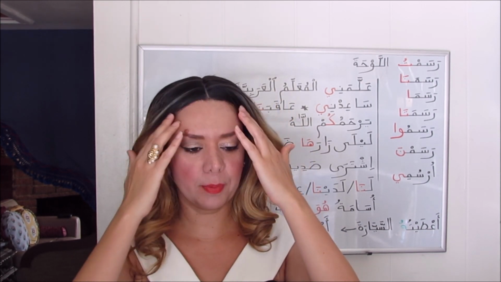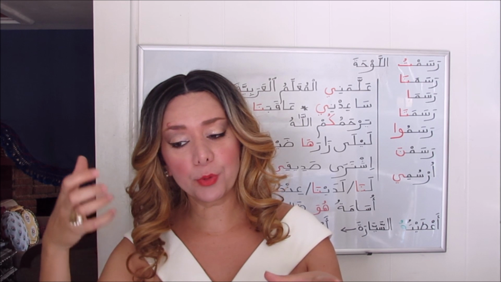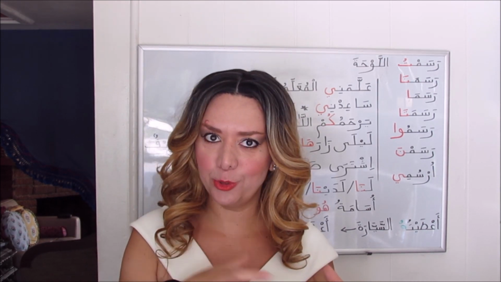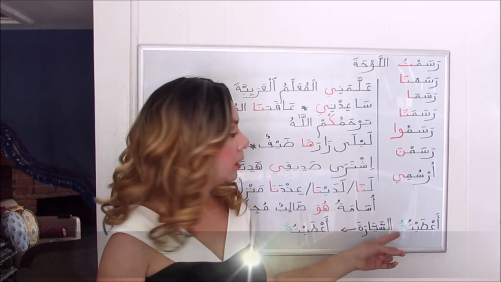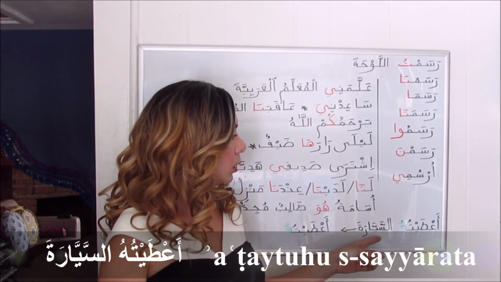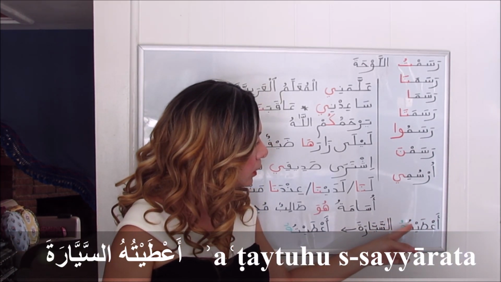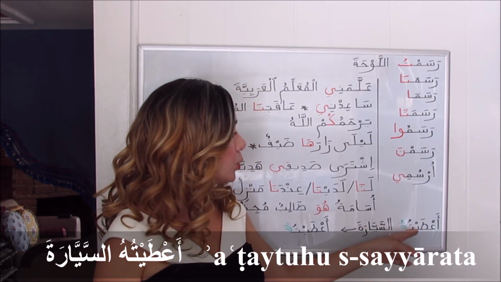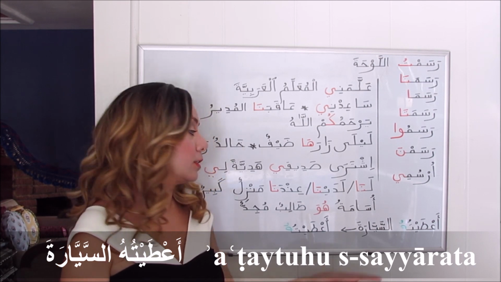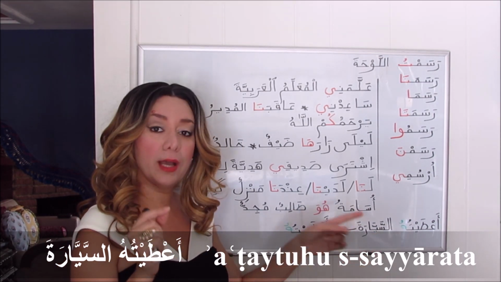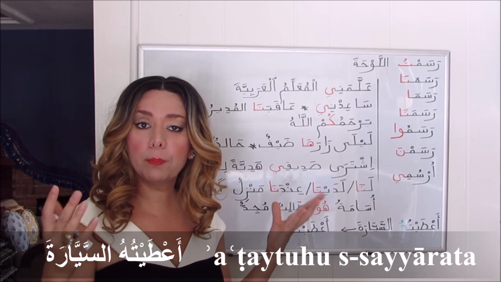Let's check some examples. So if we introduce a second object pronoun when the other object pronoun is already attached to the verb, preposition or particle. For example, أعطيته السيارة, I gave him the car. So we already have the object pronoun attached to the verb أعطى, to give. So what if I want to replace the feminine noun السيارة, the car, with a pronoun?